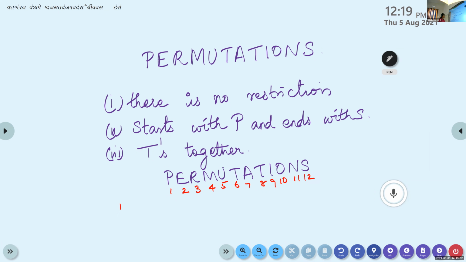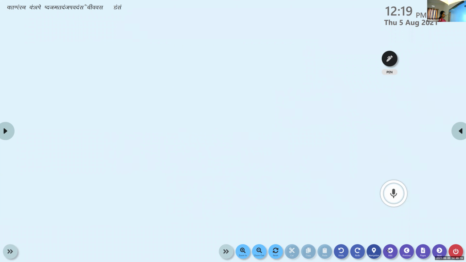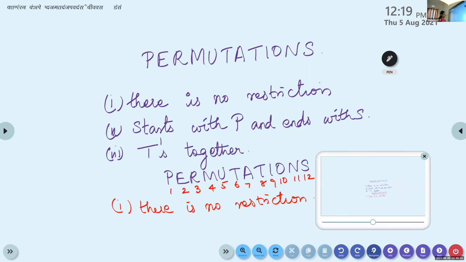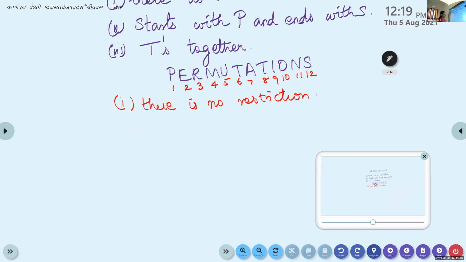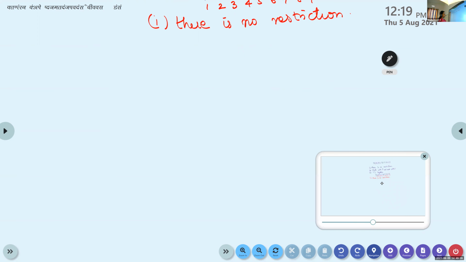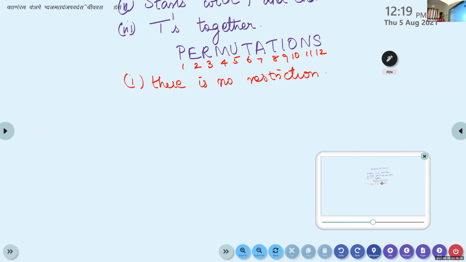So in the first case, it is asked, there is no restriction. There is no restriction means we consider all the alphabets.